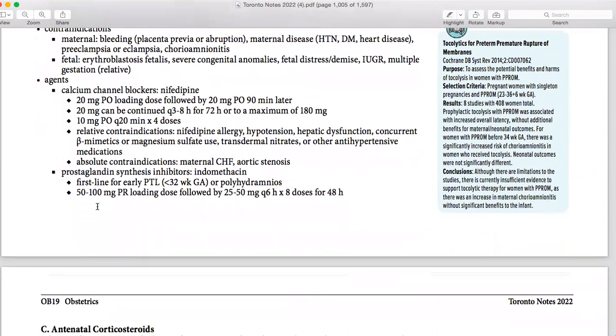That's why you need to know the contraindications. If both are mentioned, you need to know which is easy and which you can do without any problem, because you want to treat the patient and keep the patient safe as well.